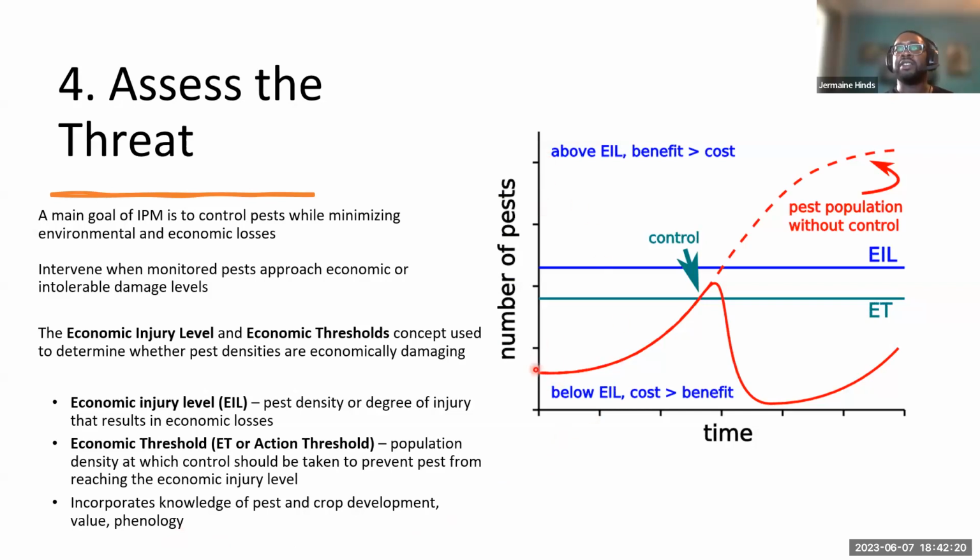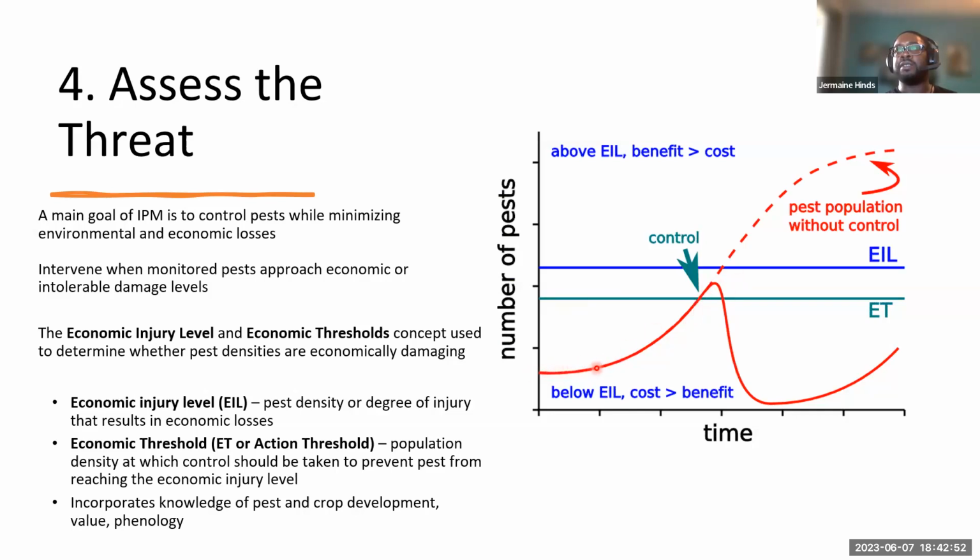And so looking at this chart, this is the number of pests, so that pest density, and this is time over the season. So that economic injury level, if a pest gets to this level, it's going to start costing you money. And at the economic threshold, this is where you want to apply your treatment to control a pest before it gets to that outbreak level, right? And so the red line is the pest abundance.